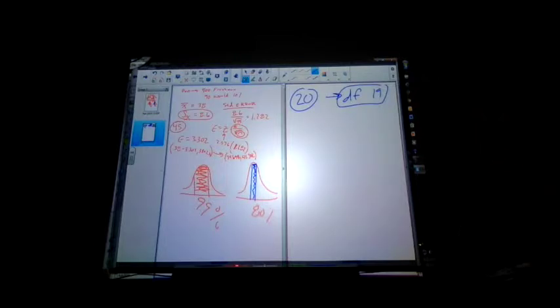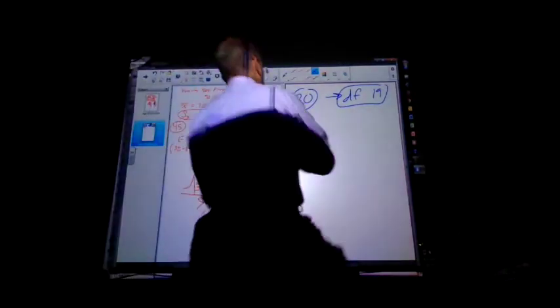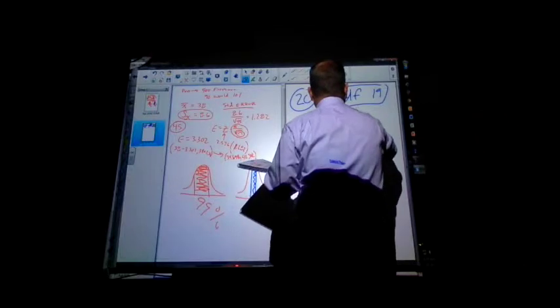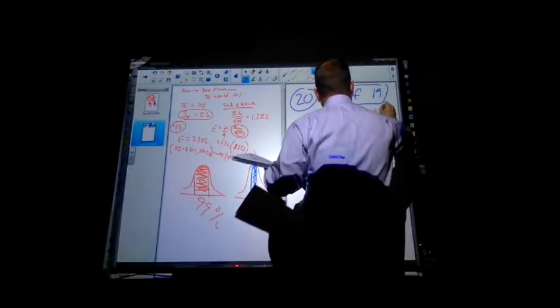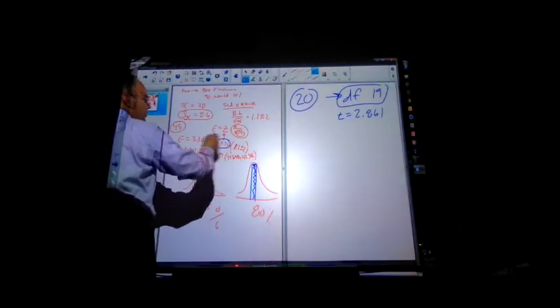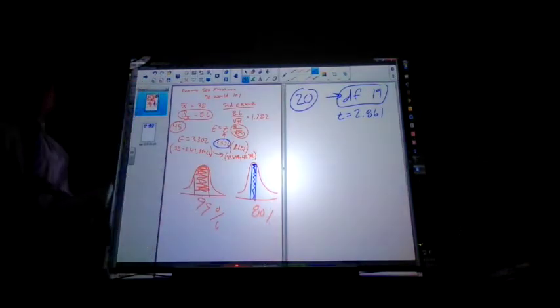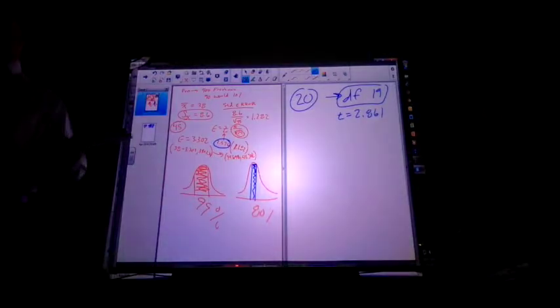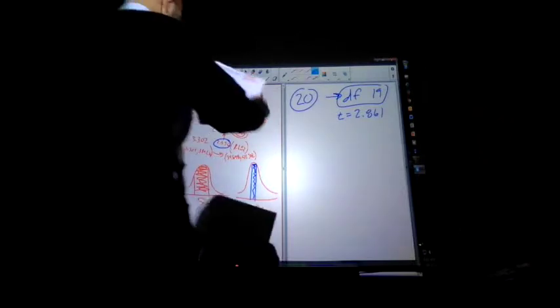There you go. So this is going to result in a t-score of 2.861. Notice that's different than this. Why is it different? Because the sample is less than 30. So my z-score is absolutely awesome to use, but if I don't have as many people I'm selecting, this is going to change.